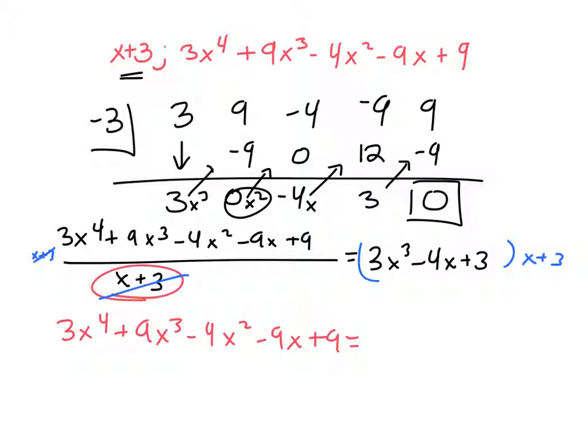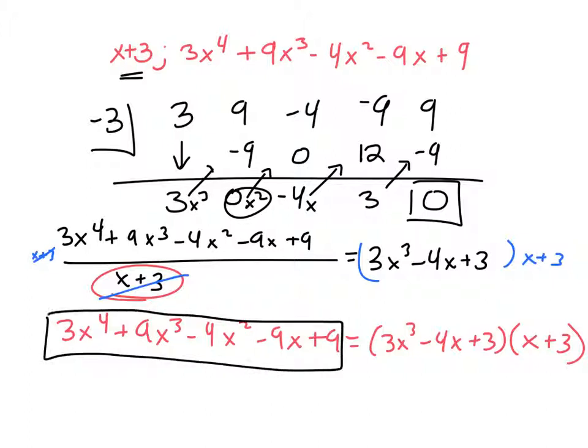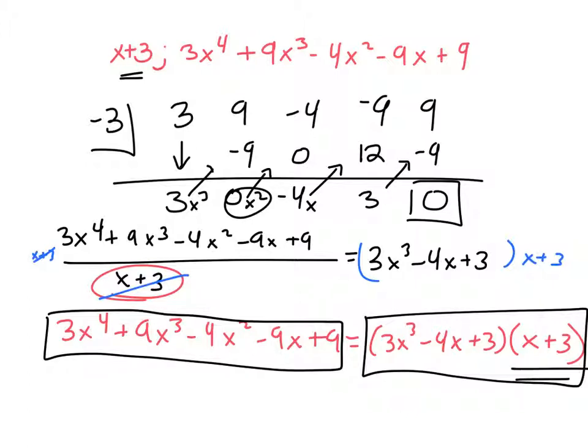But on the right-hand side, I would have 3x cubed minus 4x plus 3 times x plus 3. So what you see is that this polynomial has now been factored into these two polynomials. You see this x plus 3 is indeed a factor of this big long polynomial over to the left. And that's what the factor theorem said.